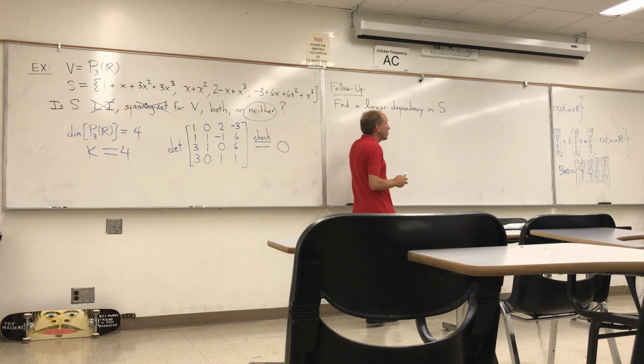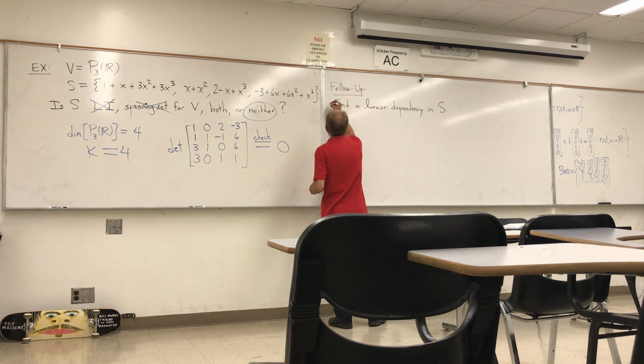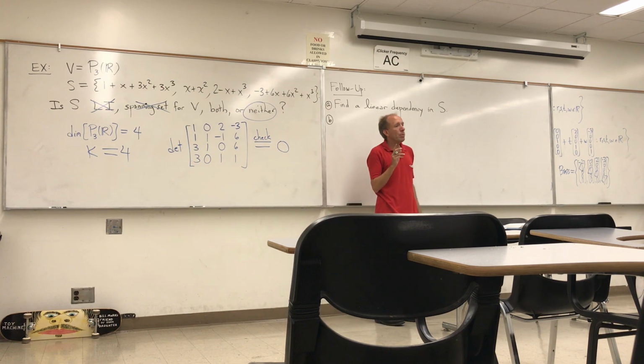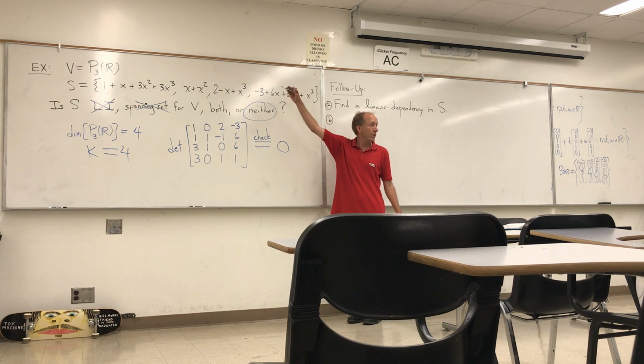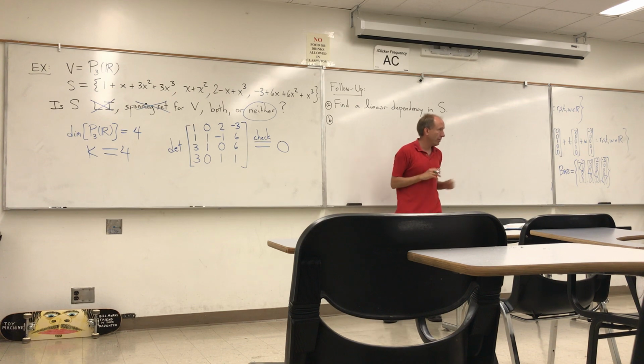So we're going to find a linear dependency, and then there's going to be a second follow-up, so I'm going to write them both down first. The second follow-up is this. I know that if I take the span of S, I'll get a subspace.